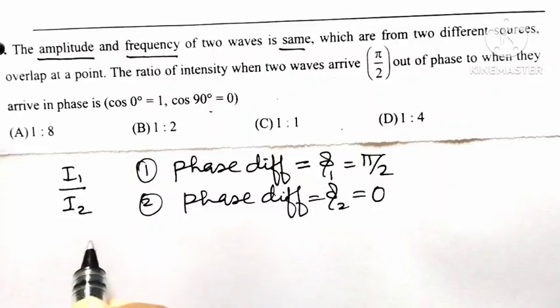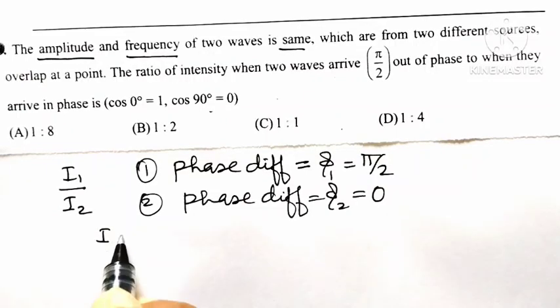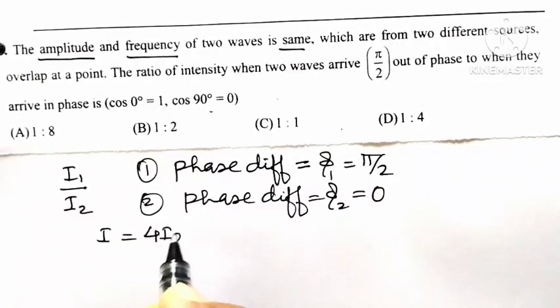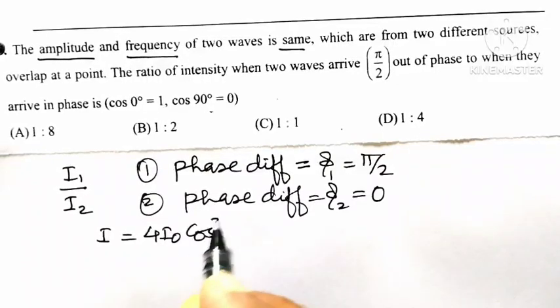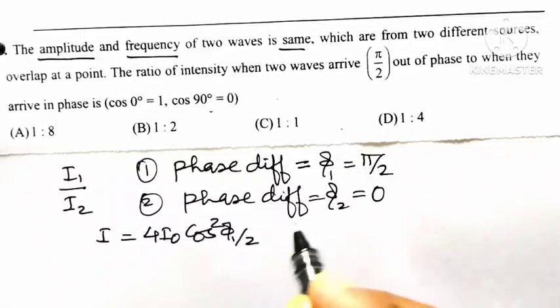So the resultant intensity of light at a given point, I, is equal to 4I0 into cos square phi 1 divided by 2.